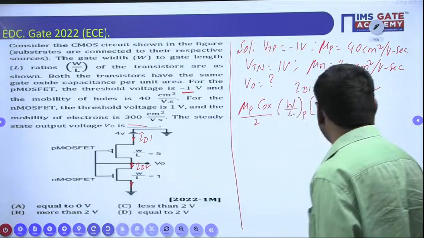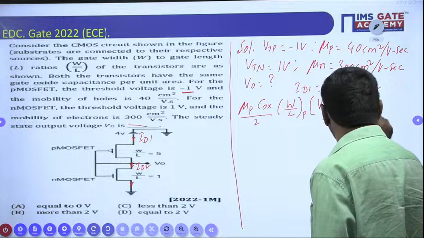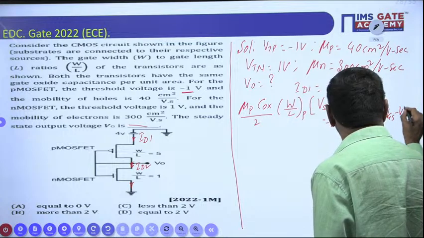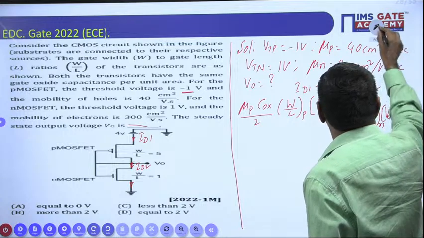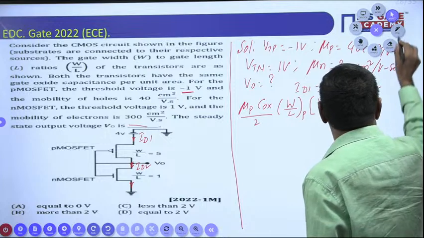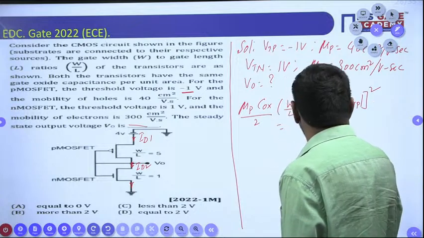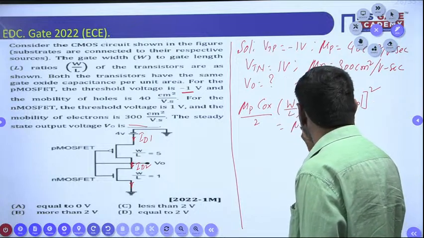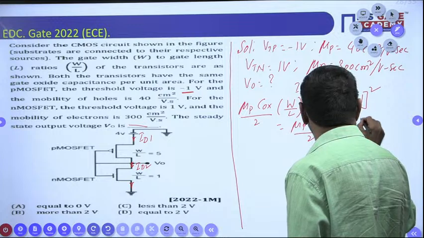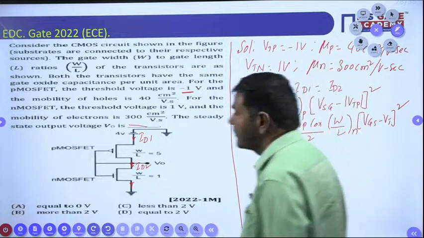The drain current for the NMOS is mu N into COX by 2 into W by L of N into VGS minus VT, whole square. This is ID1 equal to ID2. That formula is possible.